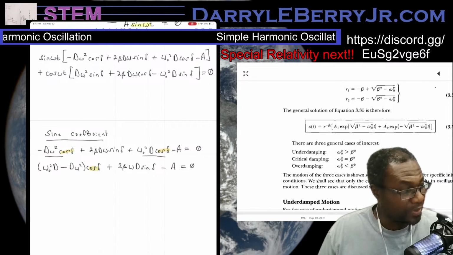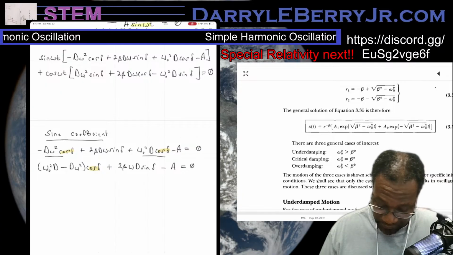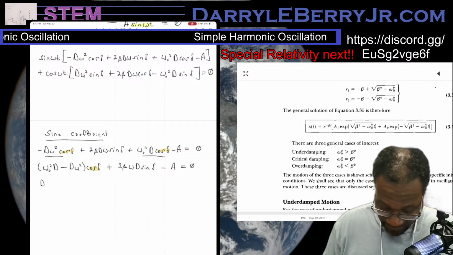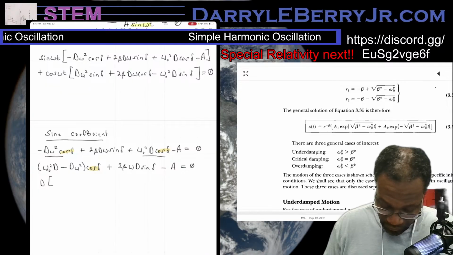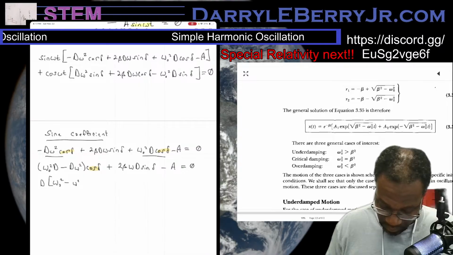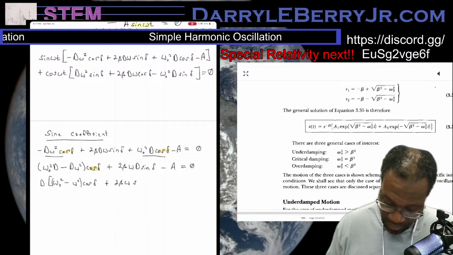Next, we can extract d out of each of these, right? So we have d omega naught squared minus omega squared cosine delta plus 2b omega sine delta.